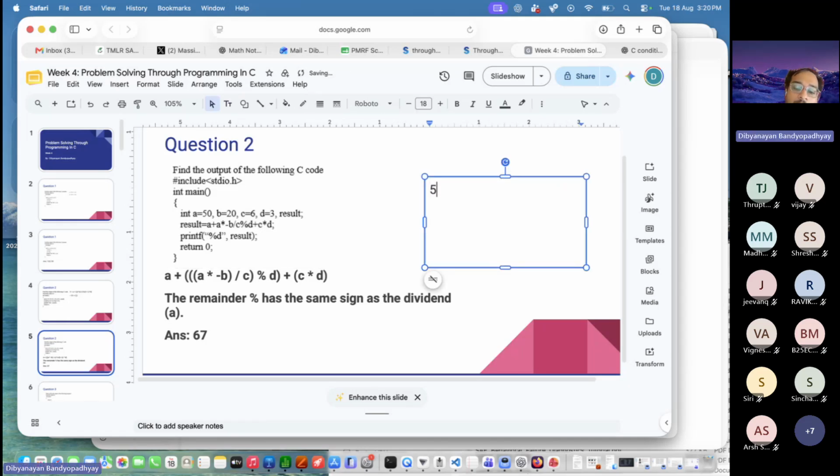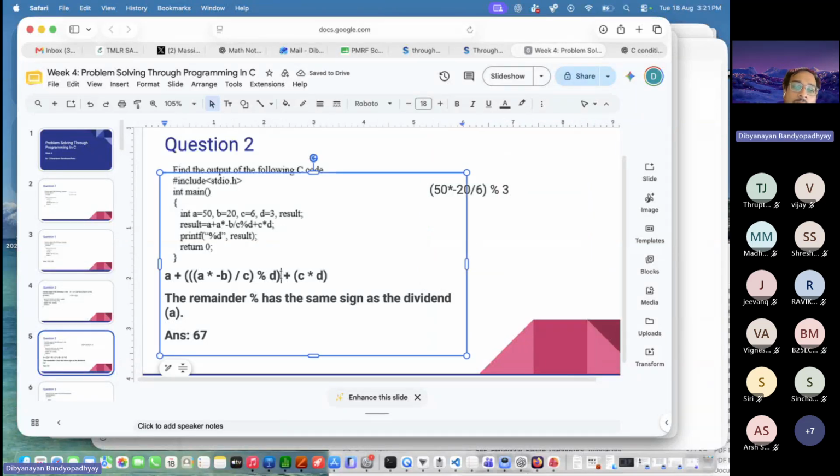It is 50, and then minus 20, right? Then divided by C. C will be 6. Then that will be modulo by D. So this is this part of the solution.